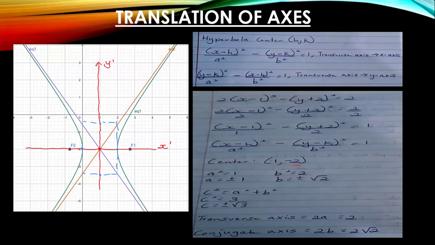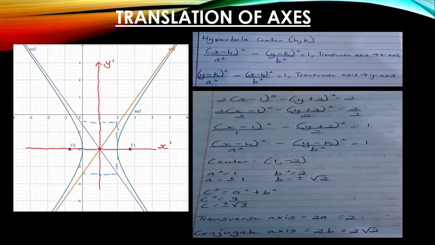So a squared is 1, and b squared is 2. We add those together, and that gives us 3. When we square root that 3, it's going to give us plus or minus root 3. So if you move from the center to the foci, that should give you positive root 3 here, and if you move from the center in the other direction, it should give you negative root 3.